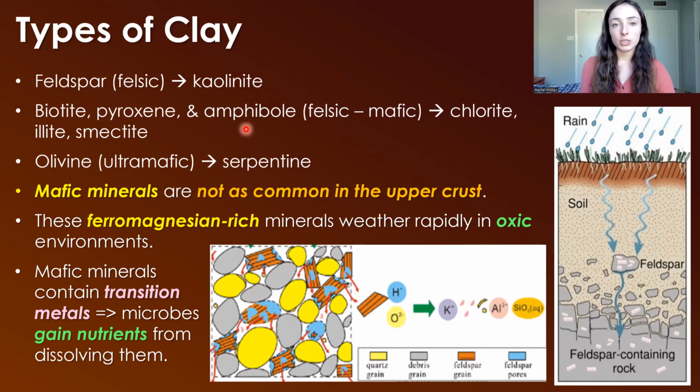We also need transition metals, but we get them from the things we eat, because they attack these rocks and they get them from the rocks. For example, iron is really important for us as well as them, so they have to get the iron somehow. So a lot of fungi and microbes will produce organic acids that dissolve or help to dissolve mafic rocks and minerals so that they can get the ions that they want from that mineral. So that kind of biological component also speeds up the rate of mafic mineral dissolution.